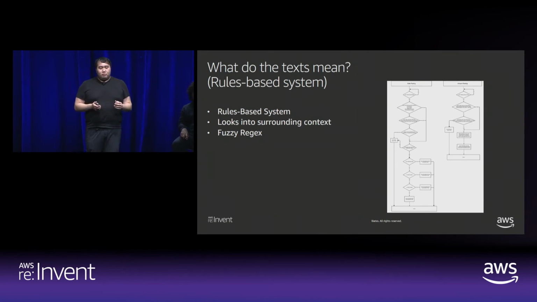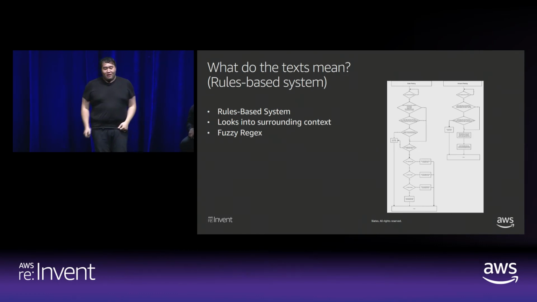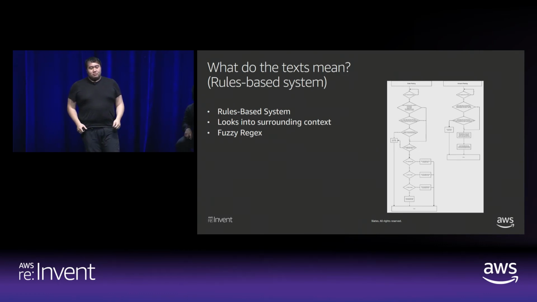There are multiple approaches we're applying for this, and the first one is rules-based systems. As much as there's a lot of hype on AI and all this magical stuff, both myself and everybody here still do a significant portion of our AI in rules-based systems. Essentially, we're looking at surrounding context.